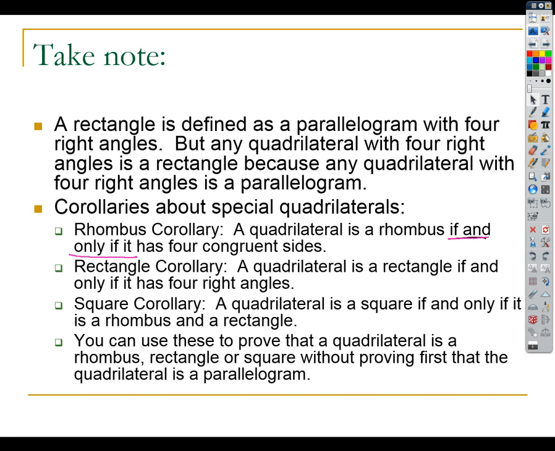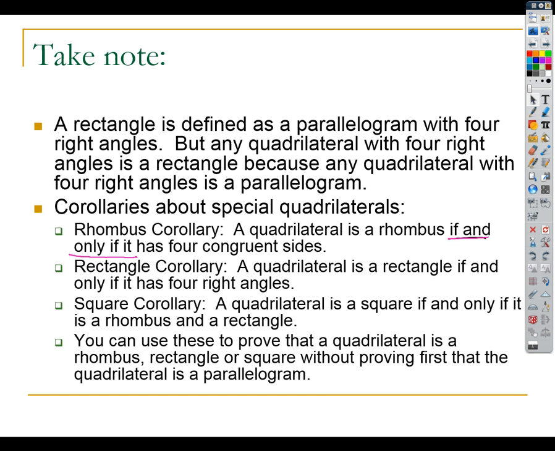If opposite angles are congruent. If they're all right angles, they're all congruent, right? Opposite angles are congruent. So it's sort of implied it's a parallelogram, but we don't even need to bother with it. We can just skip that step because it's sufficient for us to know that it's got 4 right angles. If it has 4 right angles, skip the middleman and just say it's a rectangle. We can get more specific immediately, right?